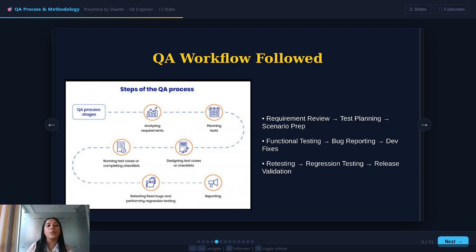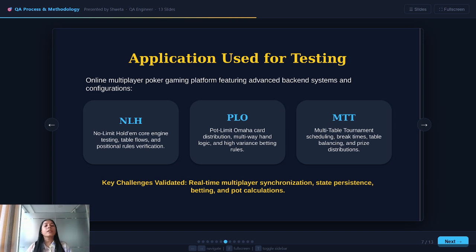So now I want to give you an insight about an application which I have recently tested. It was an online multiplayer poker gaming platform which supports no limit hold'em poker type, pot limit Omaha card poker type, and multiplayer multi-table tournaments.